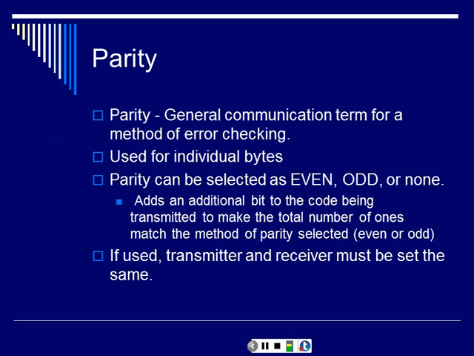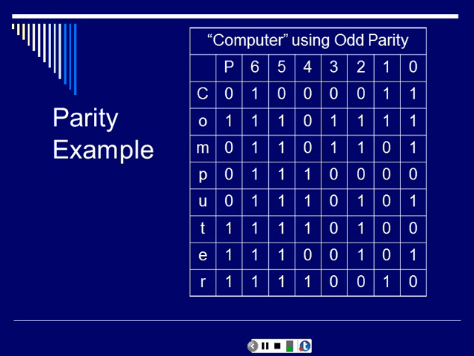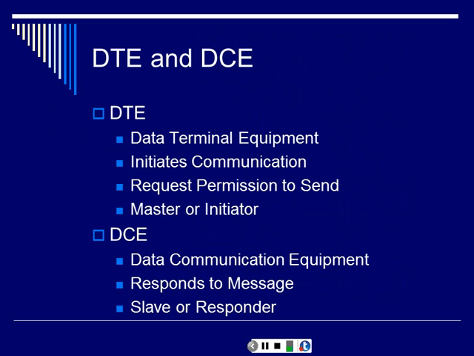Okay, we talked about parity the other day, and I'm not going to do parity again, because we use the same exact example. DTE is data terminal equipment. It's the one that initiates the communication, so it requests permission to send.